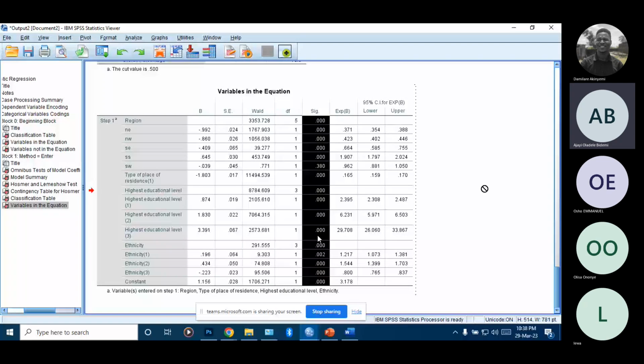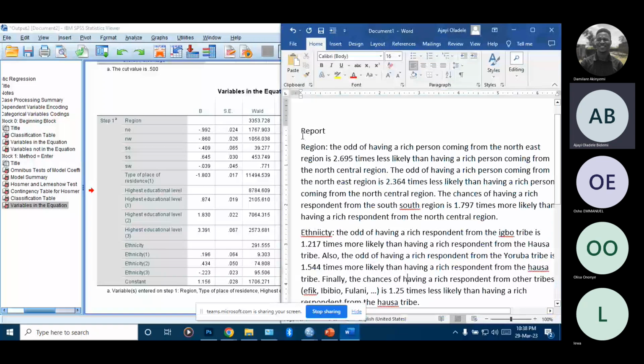Before writing this report, you will write the hypothesis.